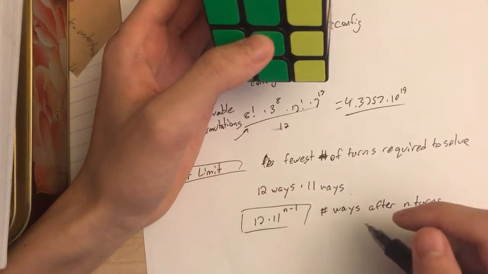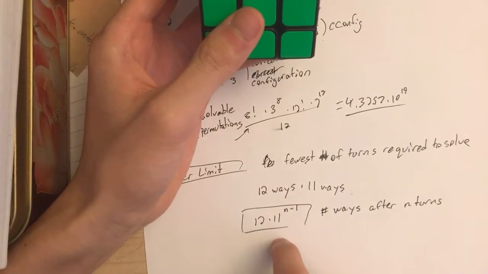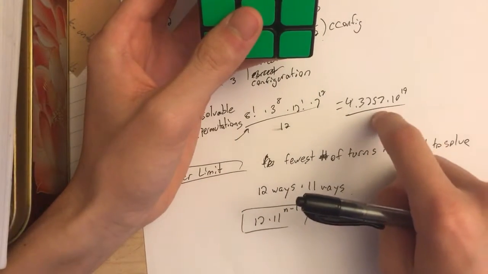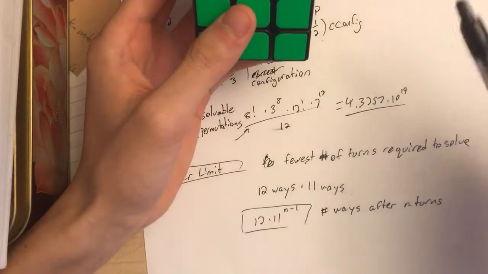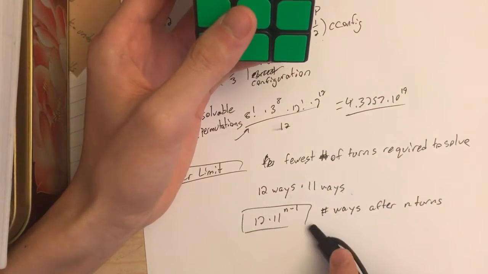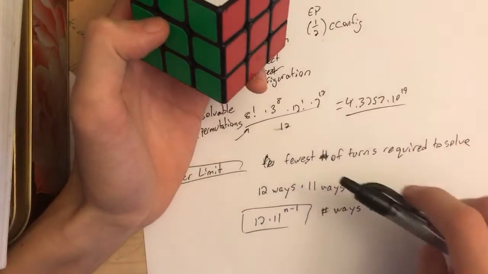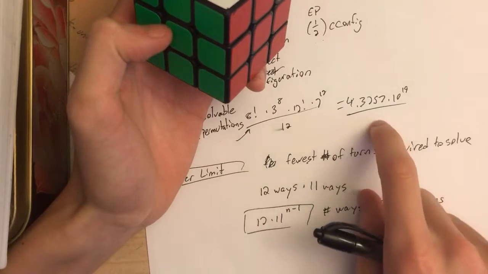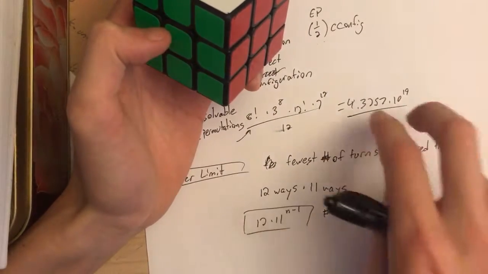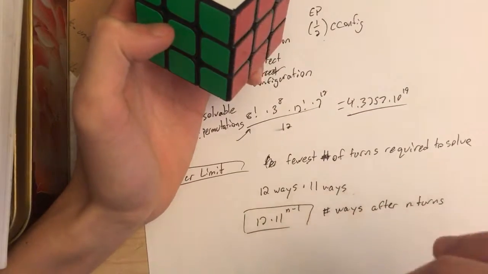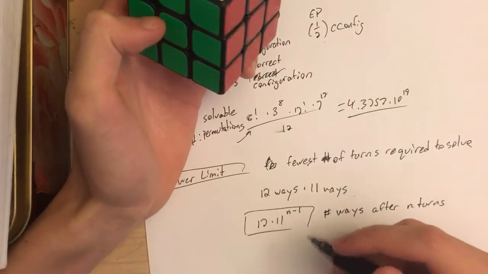Let's say that this number is greater than this number, which means that we have more configurations from here than we do from here, from just turning the cube to any state. This means that we can apply the pigeonhole principle to find the lower limit of the fewest number of turns it takes to solve a Rubik's Cube.